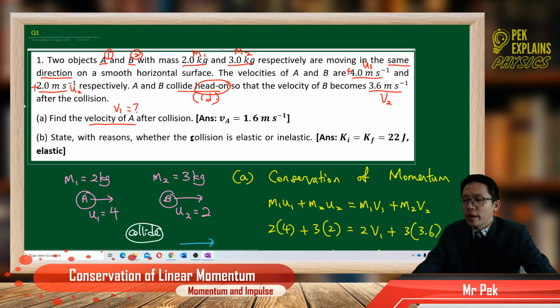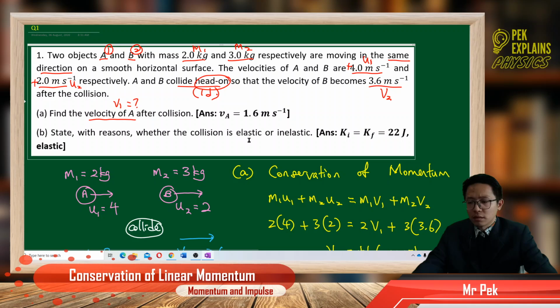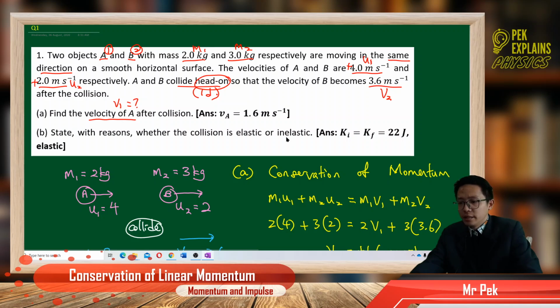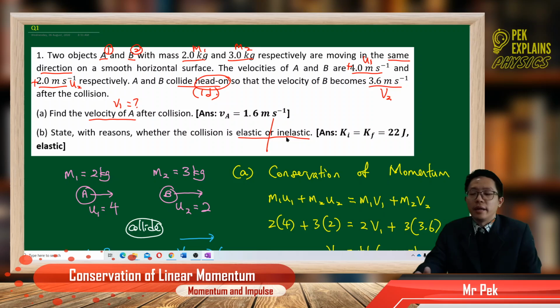State with reason whether the collision is elastic or inelastic. Is the collision elastic or inelastic? How to identify? First, you must know the similarity and also the differences between elastic and inelastic collision.